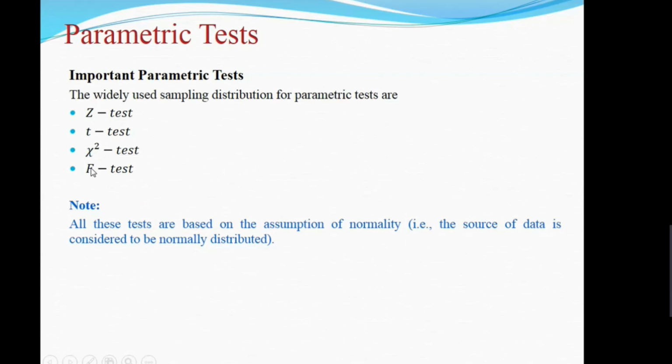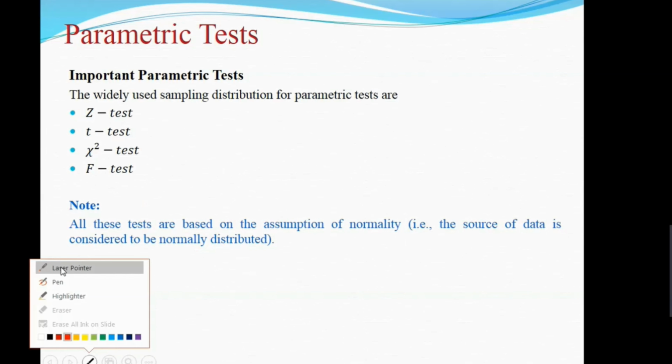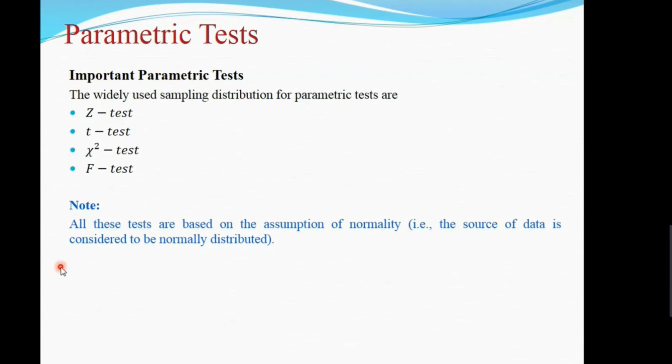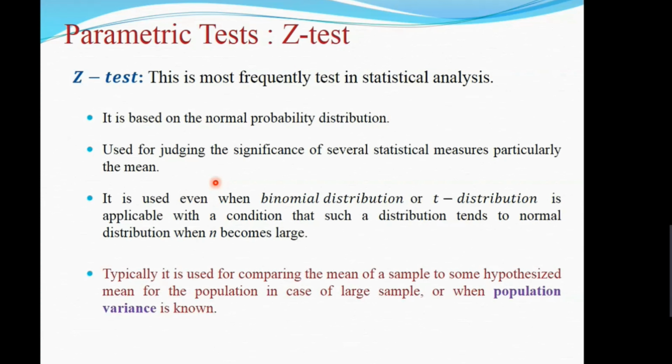So the first point I am discussing: if the distribution is not given in the question and it simply asks to solve, then what to do? Then we have to look at a few points.